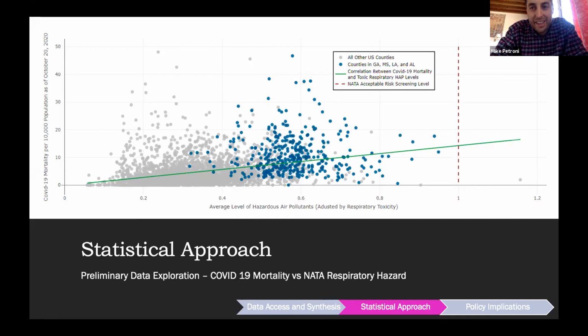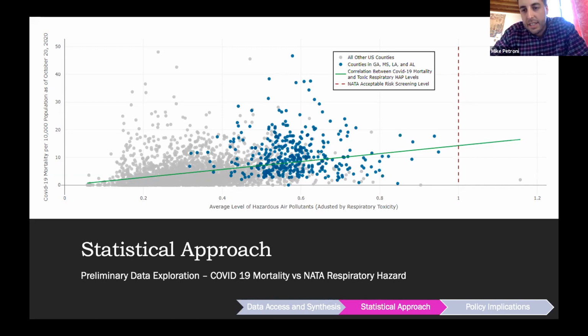So this is the first graph that we created. We just compared hazardous air pollutants to COVID-19. And what we're looking at on the x-axis here is the respiratory hazard index, which is concentrations of hazardous air pollutants that are known to affect the respiratory system, weighted by a toxicity factor called the reference concentration.